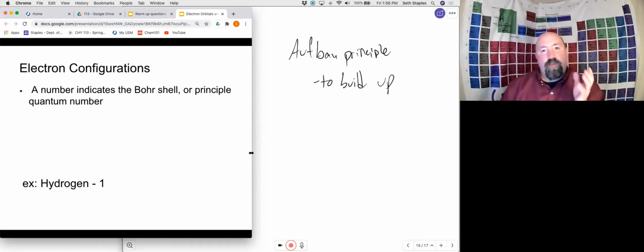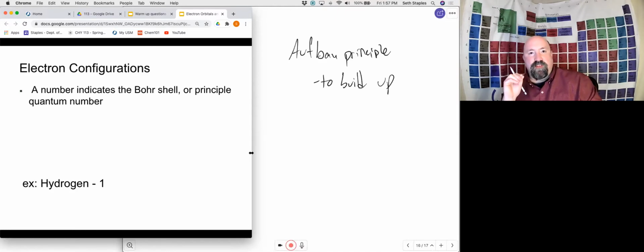And that just means that when we're doing these electron configurations, the way that I like to picture it is we picture the atom without having any electrons at all. Now we're going to put the electrons in there. We start by putting the electrons in there at the lowest energy level first. And we really envision these Bohr shells and our sublevels as energy levels.